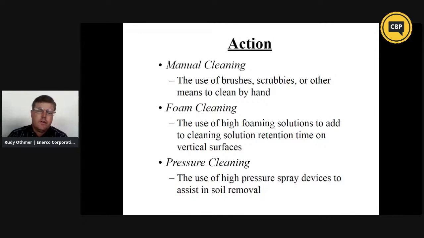Action, there's several different ways in which we clean. We do manual cleaning when appropriate or when necessary. Brushes, scrubbies. We're in there working on the foam ring, hopefully with a scrubby that does not scratch our stainless steel. Foam cleaning is an appropriate action where we're generating foam that clings.